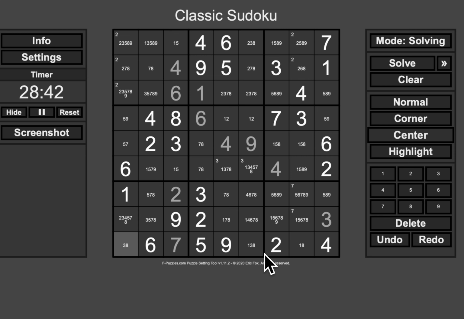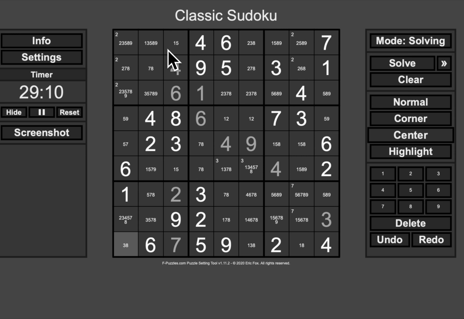So 3, 1 or 8, 3, and then these two, either of which work, or this is 8, and that has to be 3, and that has to be 1. I think.